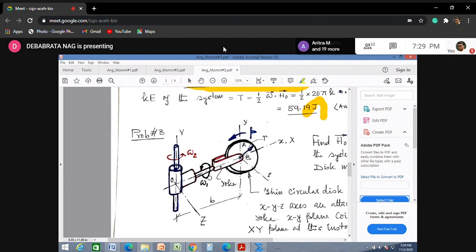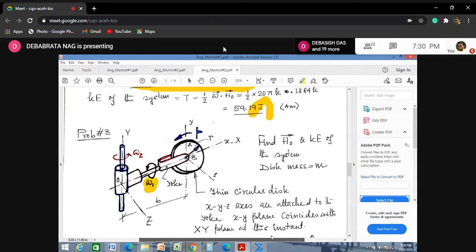So what happens therefore, the yoke can independently rotate with respect to the vertical shaft with an angular velocity omega 1. So if I make omega 1 zero, then this problem will be reduced to problem 1, right? So you need to critically analyze the geometry of the problem.